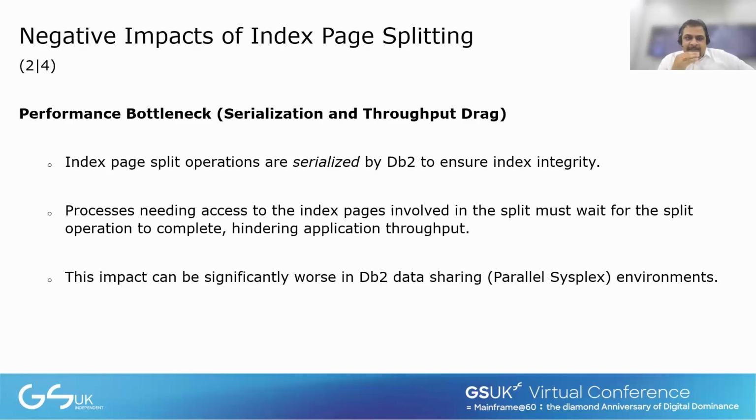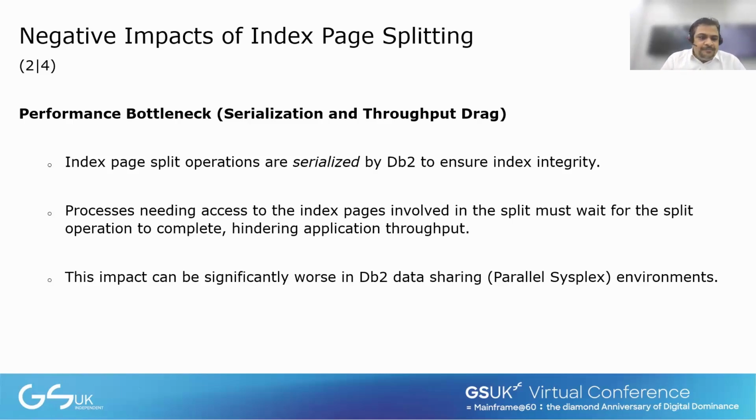There is an intent behind it, to make sure the index data is integrated over there. So for data integrity purposes, these split processes happen in a sequential order. And that's why it is serialized. But it impacts the throughput significantly. And it escalates further if you are doing it in a data sharing environment.